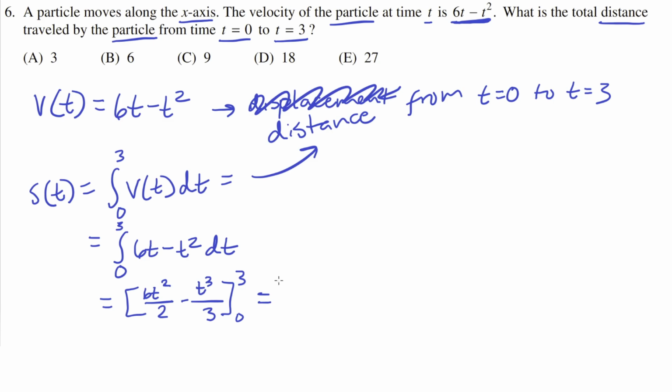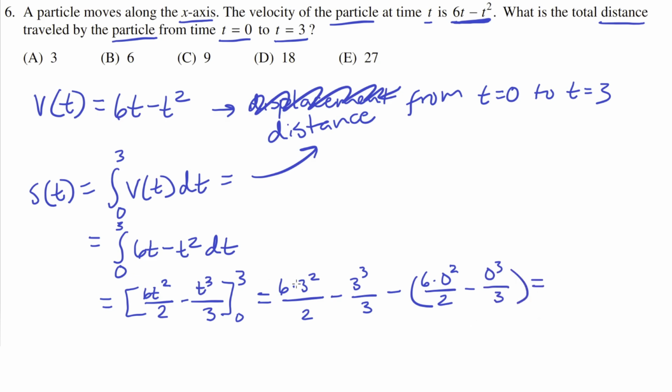So we'll have 6 times 3 squared over 2 minus 3 raised to the third power over 3. And then from that we subtract the value of this with the lower bound plugged in. So 6 times 0 squared over 2 minus 0 cubed over 3.